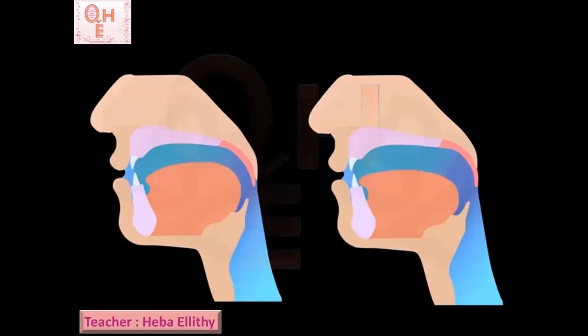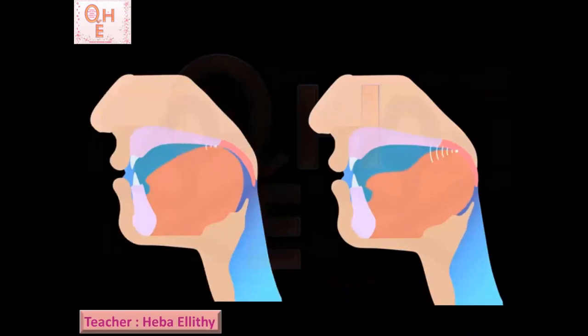Letter qaf and kaf, we will compare between both of them very quickly. We said letter kaf is coming from the hard palate with the farthest part of the tongue, but letter qaf is coming from the soft palate with the farthest part of the tongue. This is the first point.